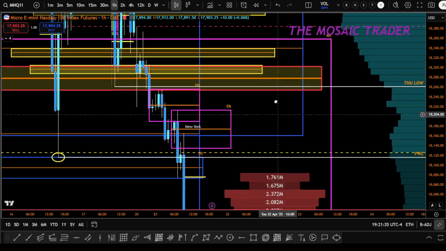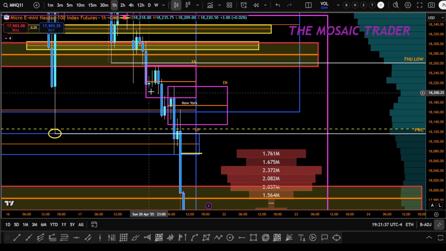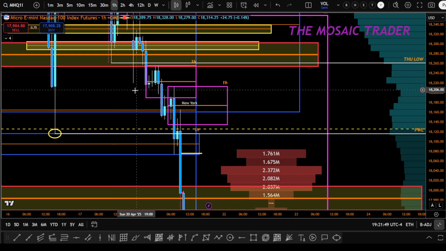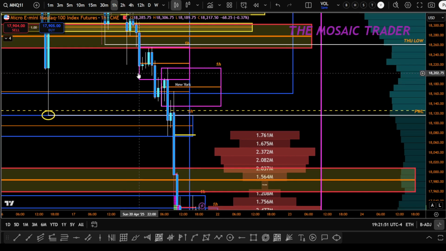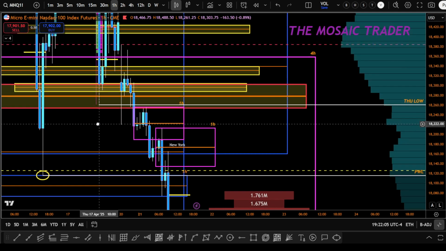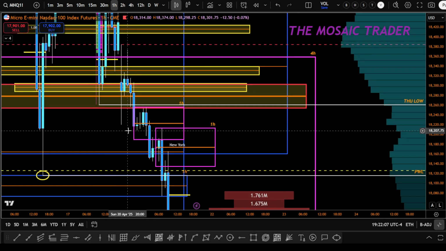Came down here. Bounce back up to here, and this was Thursday's low, right? The day before. And this was the opening here on Sunday.